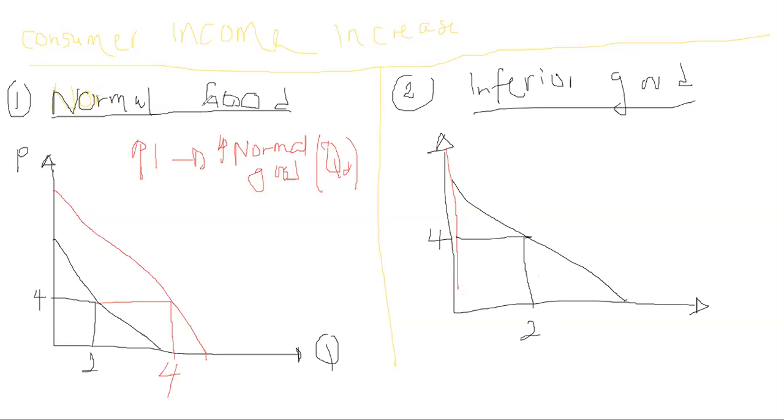Let's assume that there is an increase in income. Then their consumption of the inferior good will reduce. That is the loss of demand. So maybe the quantity demanded will reduce from 2 to 1. The takeaway here is that if income increases, it will lead to a reduction in quantity demanded, provided that the good is an inferior good.